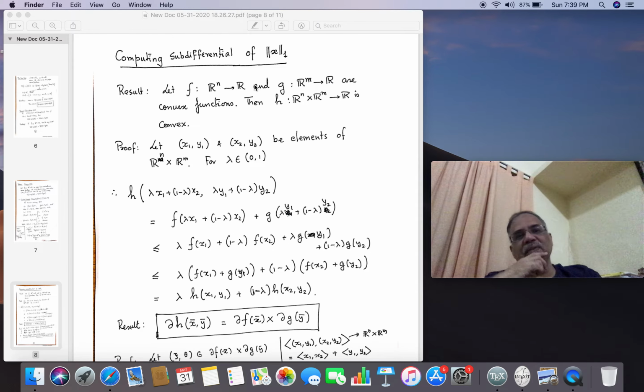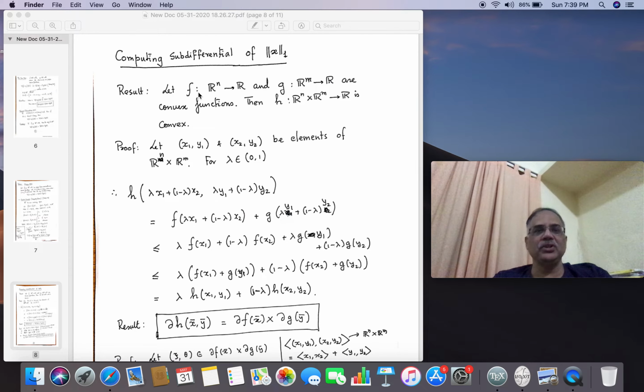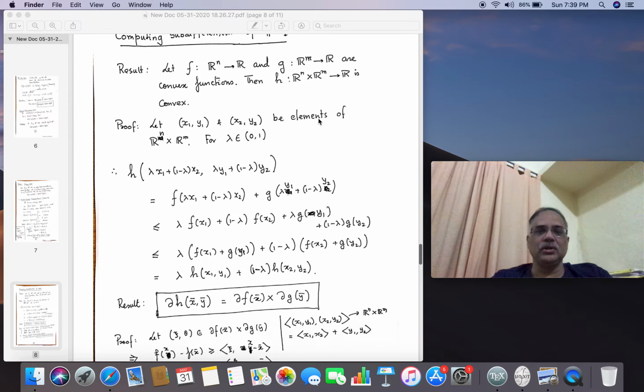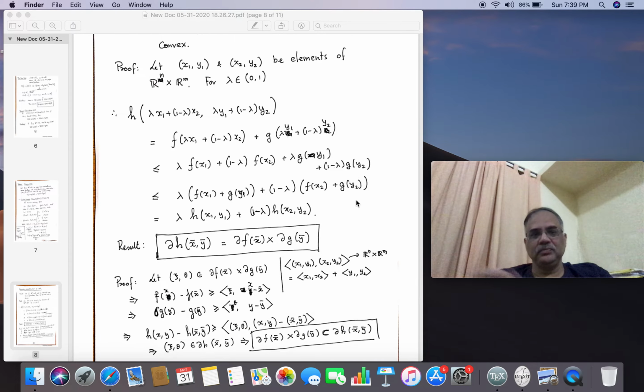So here you have the subdifferential of the norm of x1. Here I will calculate it in a way which is not traditionally done in books. I will look at a result which is very simple to prove: if you have a function f from Rn to R and g from Rm to R, m could be 2, 3, n could be 5, 6, whatever, then h is a convex function from Rn cross Rm to R. It's a simple thing, the proof is not very difficult.